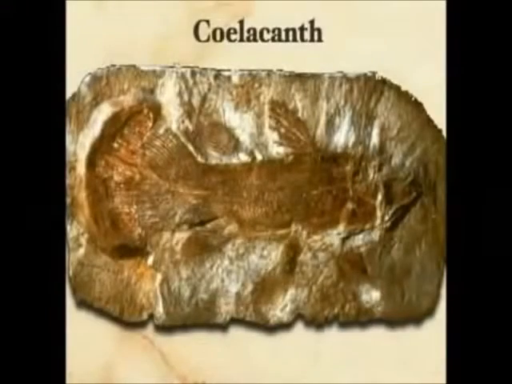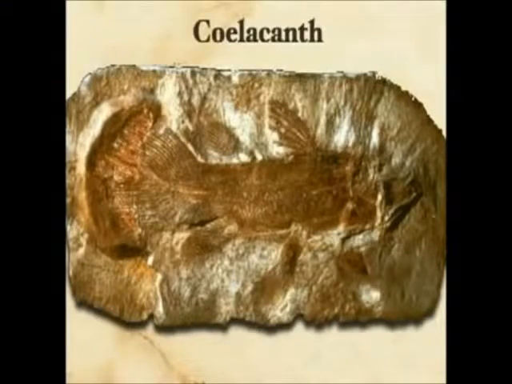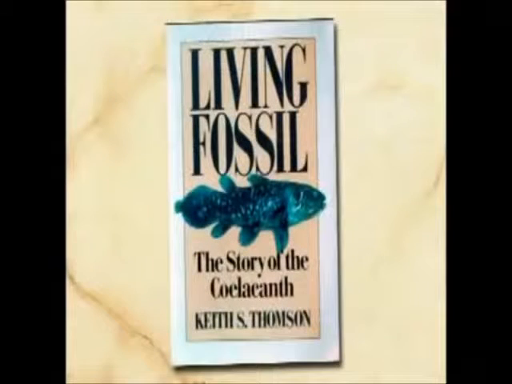But to give an illustration of what he's talking about with living fossils, maybe the most famous one is the coelacanth. Beautiful fossil here of a rather strange-looking fish, but one that we find rather commonly in the fossil record. Described here by Keith Thompson, who's president of the Academy of Natural Sciences, as a living fossil.